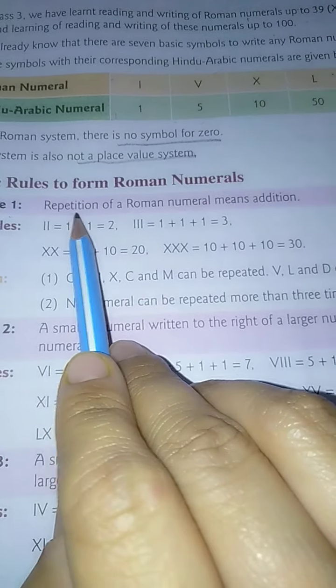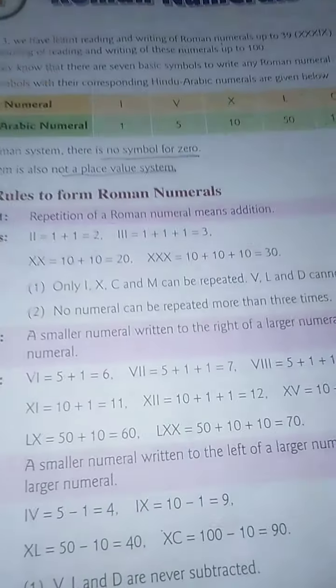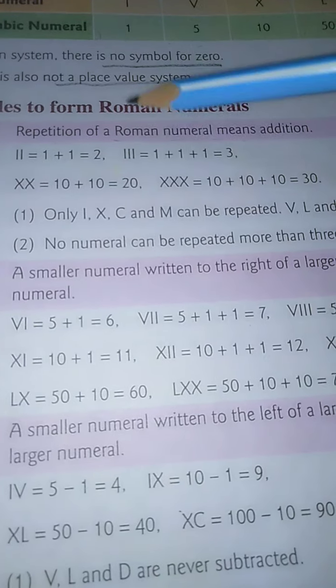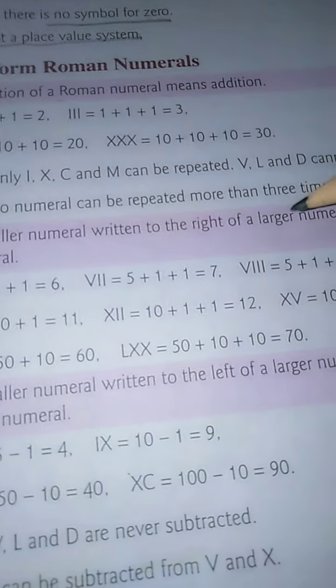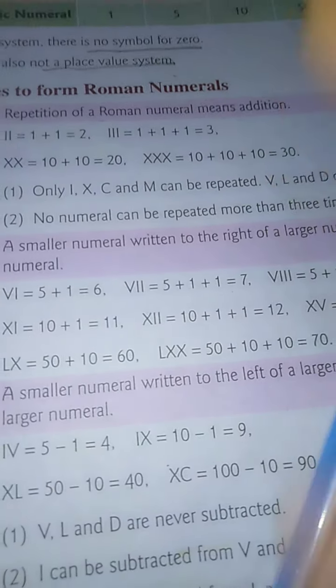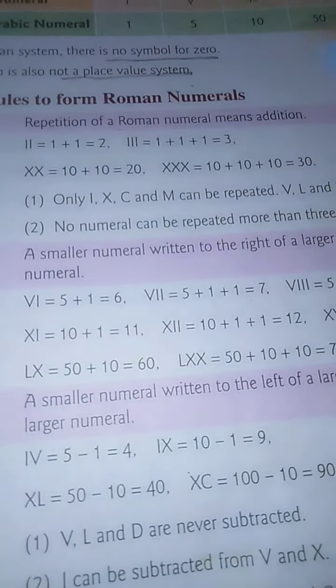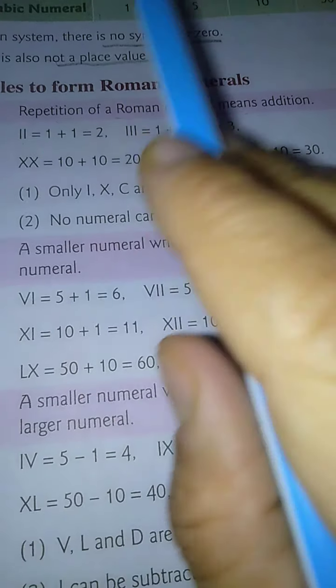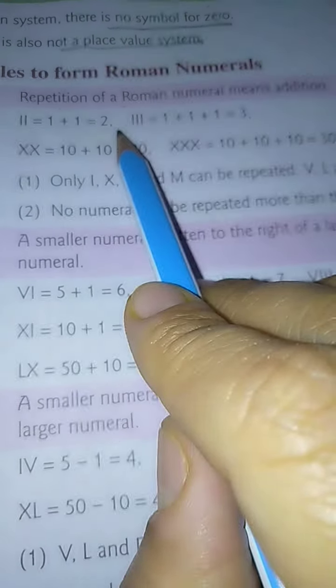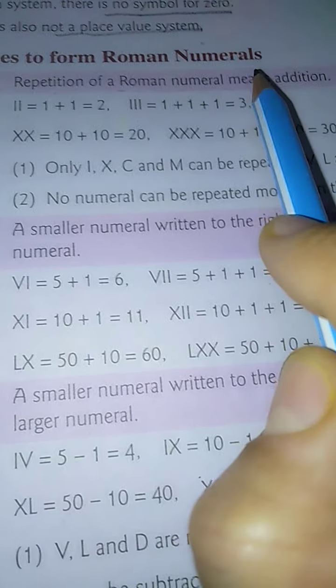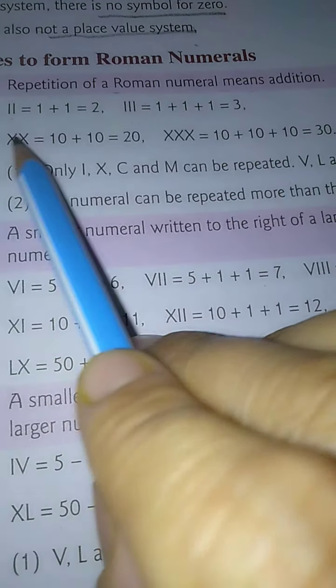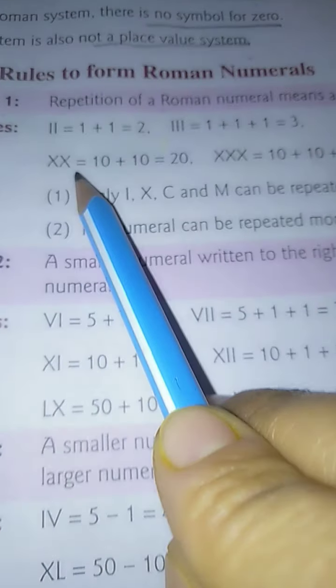First rule, repetition of Roman numeral means addition. So if you are writing any Roman numeral again and again, that means we are adding it. And repetition is allowed only 3 times, not more than 3 times. Like if we are writing I, that means 1. If II, that means 2. If III, that means 3. Not more than that. If X, then 10. If XX, then 20.